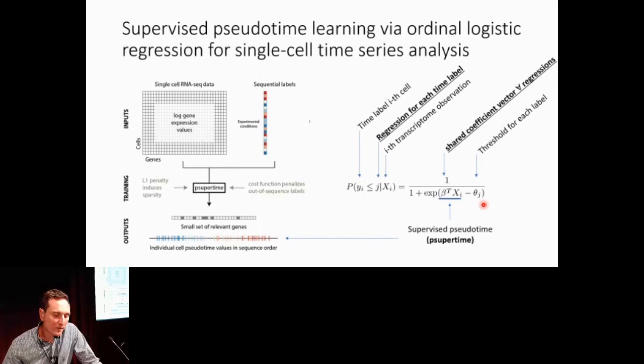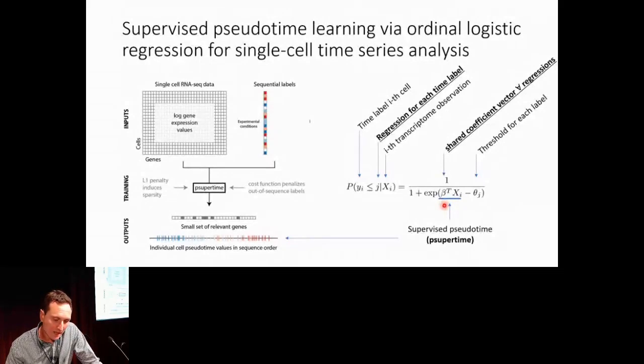And as I said, this ordinal logistic regression model is a parallel set of logistic regressions defined for every single time point in this study. And every single one of these logistic regression models has a shared parameter vector beta that defines importance weights for individual genes.